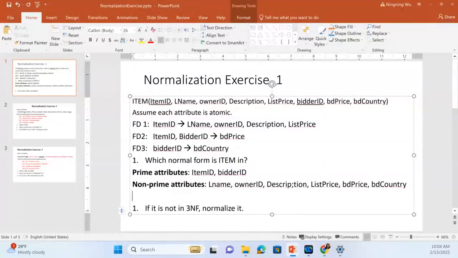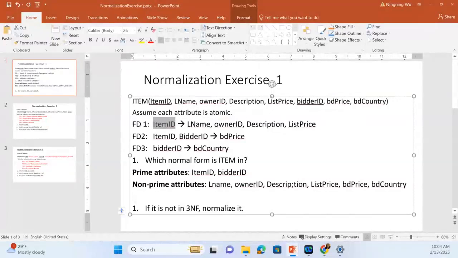Let's go to the first one. Last name, owner ID, description, and list price are all non-prime attributes. This functional dependency means that these four non-prime attributes are dependent on the item ID. Then we examine the item ID. Is item ID a whole key or a partial key? A partial key is just part of a key, not the whole key.